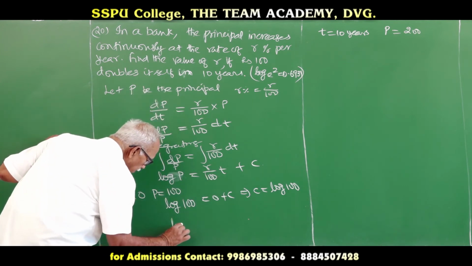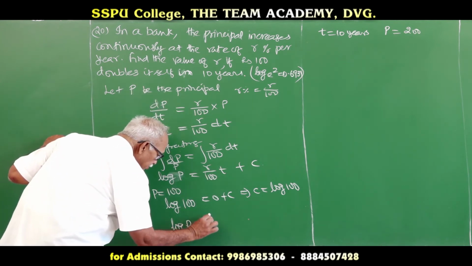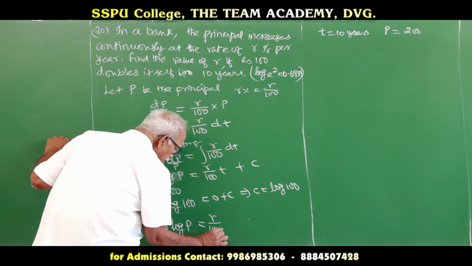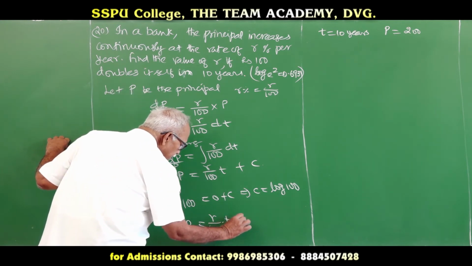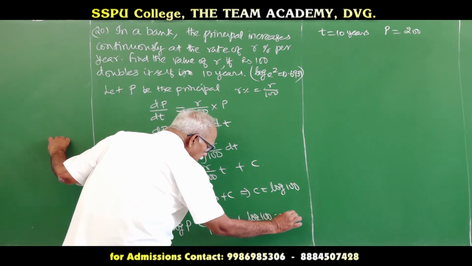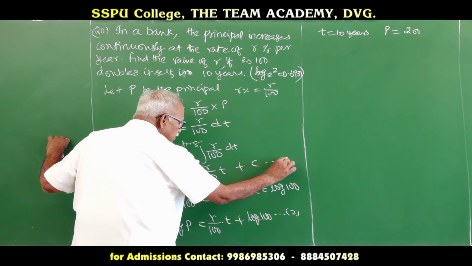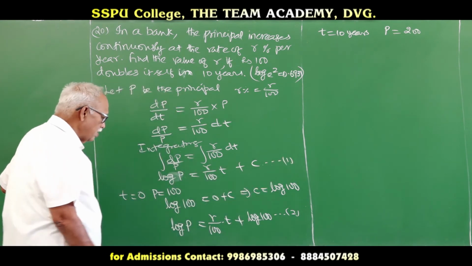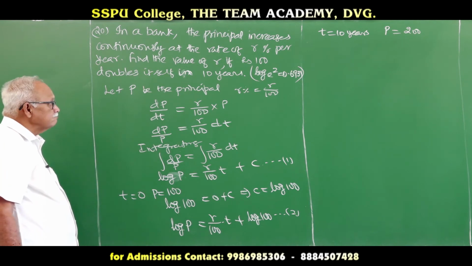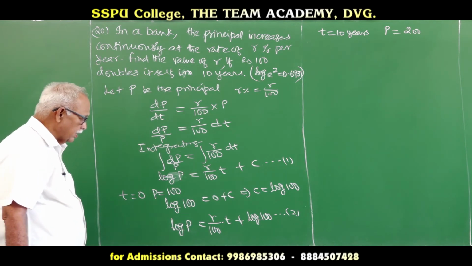See, log p is equal to r by 100 t plus c, and c is now log 100. So this is the first equation. Now in the second equation, let us substitute t is equal to 10 and p is equal to 200.